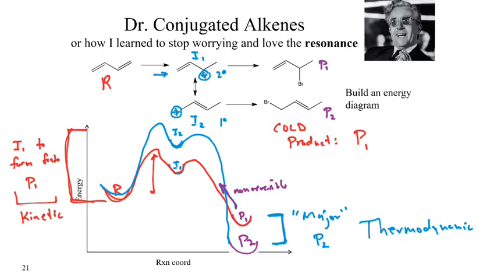Okay? But what happens if I heat it up? What happens if I make this hot? What product do I form first? Well, if it's hot, I'm going to clear the easiest activation barrier, which is still to form product 1. So the product I get is still product 1. But remember, it's hot. What does that heat do?